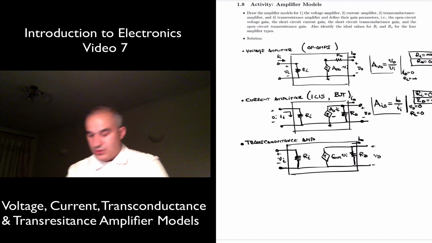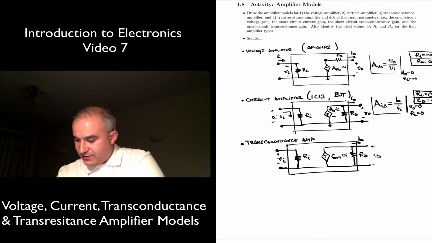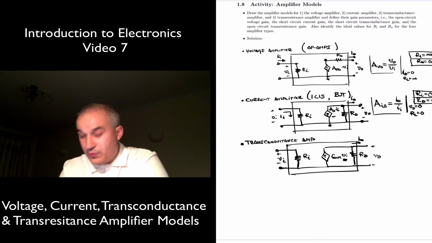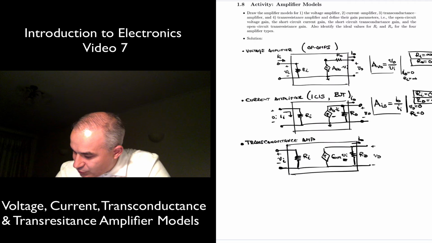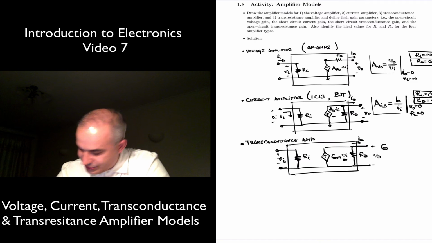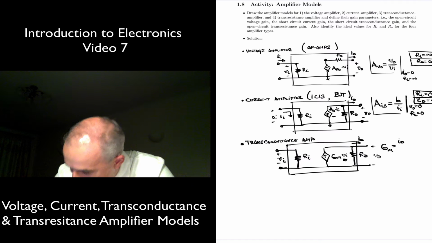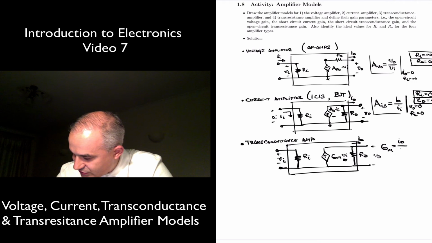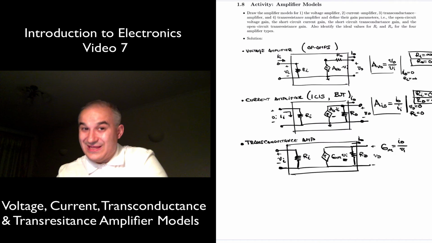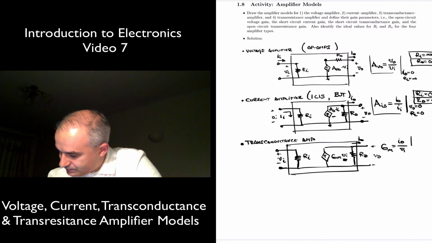Okay, so in this amplifier, we sense an input voltage V in, and as a function of that input voltage, we produce an output current. And so this gain, which is called the transconductance GM, is the ratio of how much output current you get as a function of the input voltage.